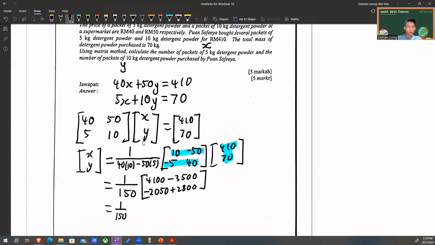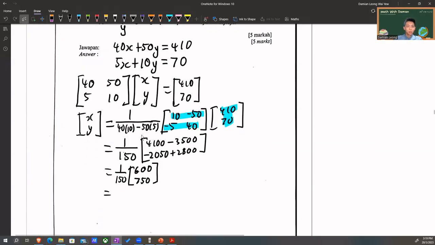So 1 over 150. This is 600 and 750. So times in, I get 4. 750 divided by 150 is 5.